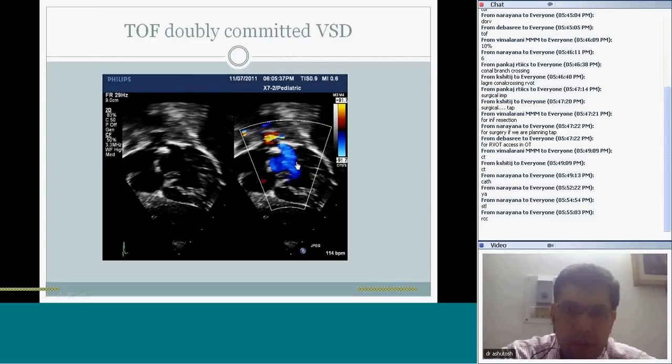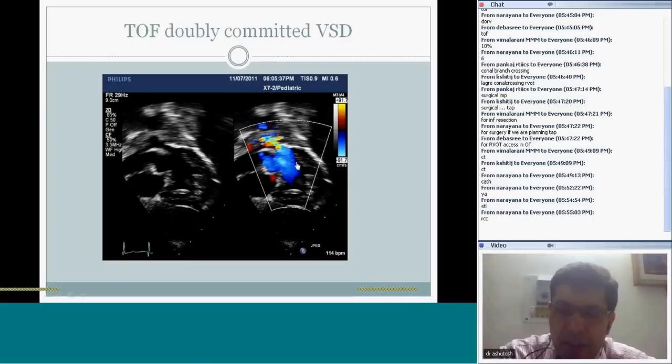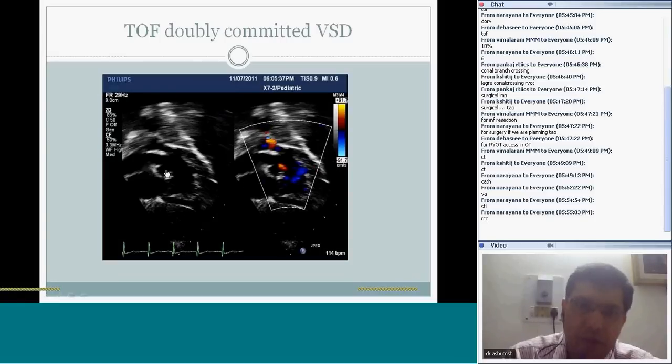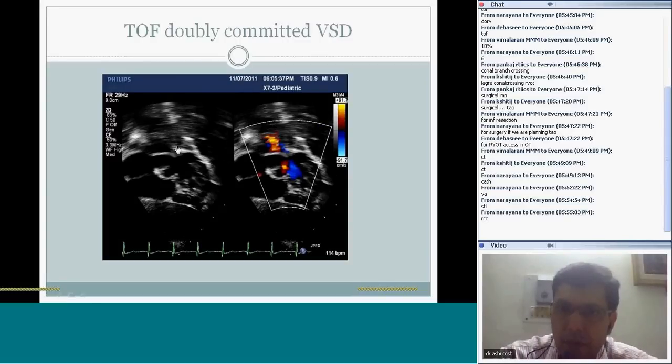So the same thing from the subcostal view. Can you appreciate this? This is different from the perimembranous VSD that we saw earlier. There is no infundibular septum.